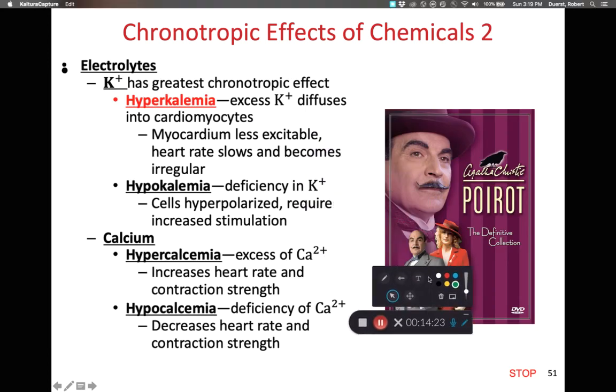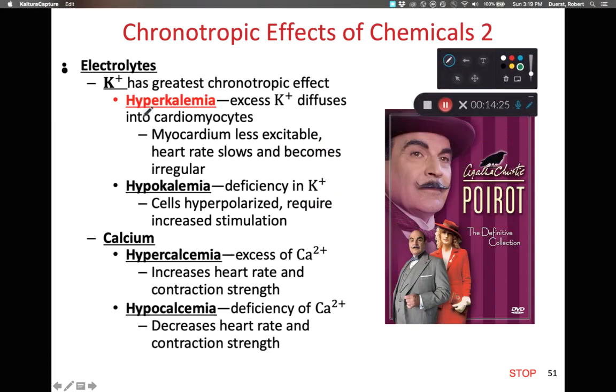We also have some electrolytes that can influence heart rate. Potassium ions are probably the single greatest ion for regulating heart rate. They have an enormous chronotropic effect. If we have too much potassium in our bodies, too much potassium ions will cause the potassium to diffuse into the cardiomyocytes.